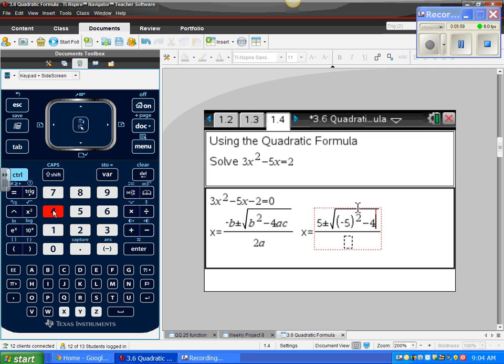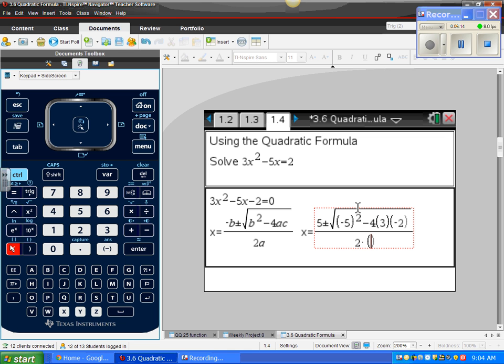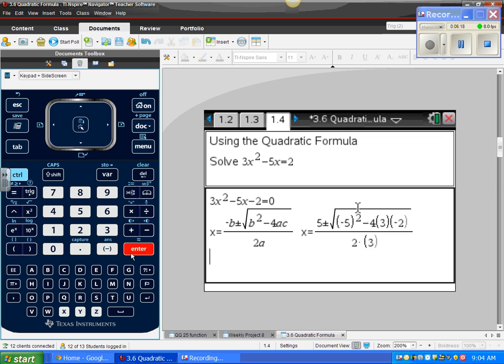Negative 4 times 3 times negative 2. Is everybody clear on where we're getting those values of A, B, and C? And then 2 times A, which is 3. So 5 plus or minus the square root of negative 5 squared minus 4 times 3 times negative 2, all over 2 times 3. Are we okay?